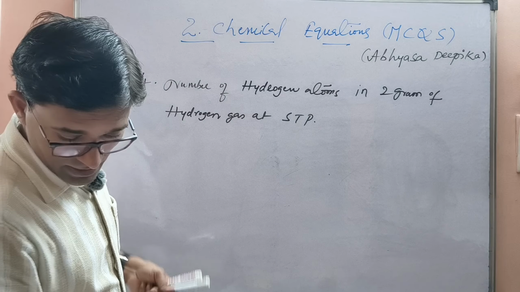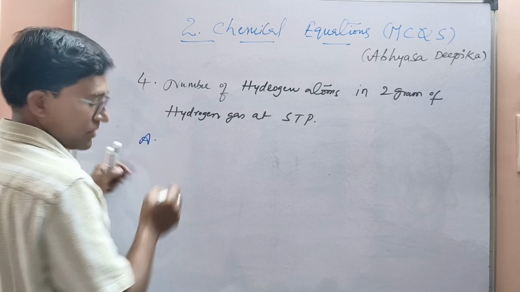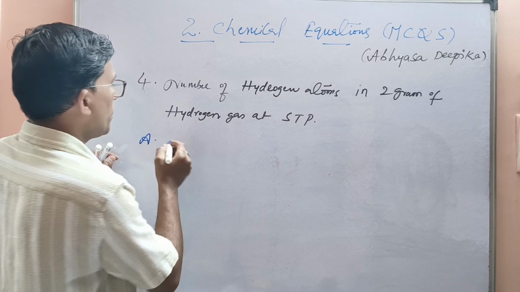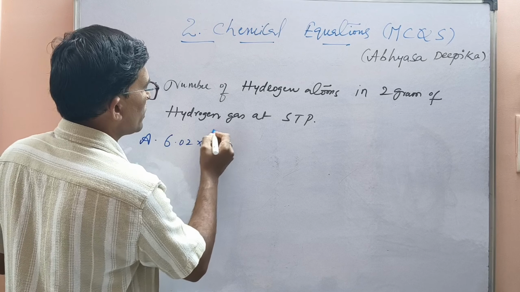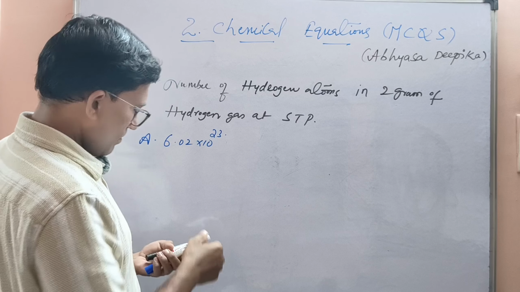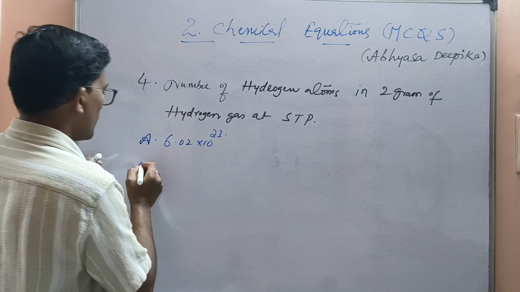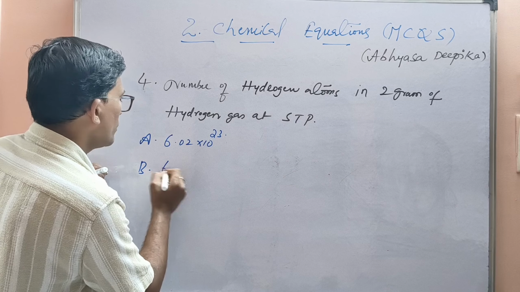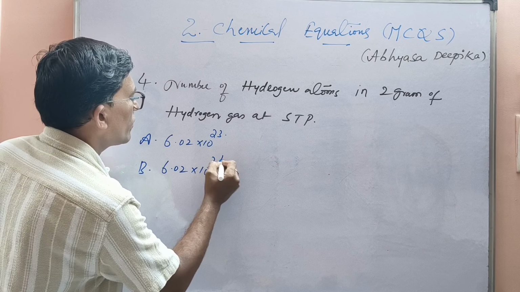And I will write the options also, because I have to solve this completely. The options are: A, 6.02 into 10 to the power of 23. B, 6.02 into 10 to the power of 24.